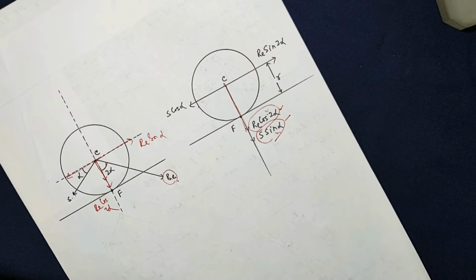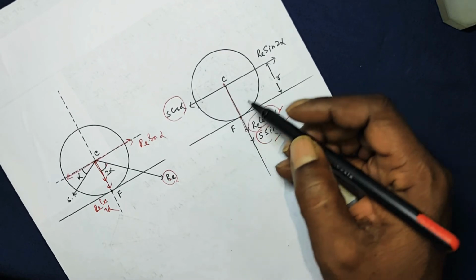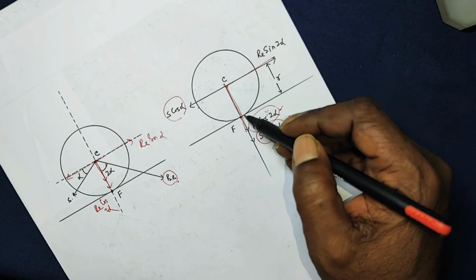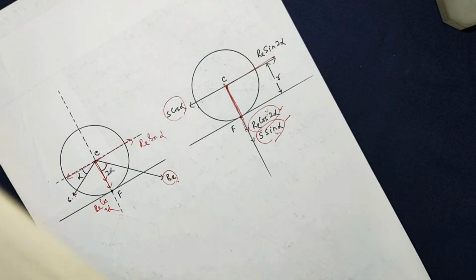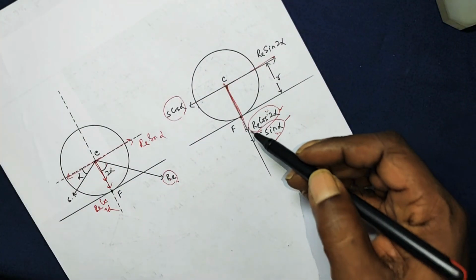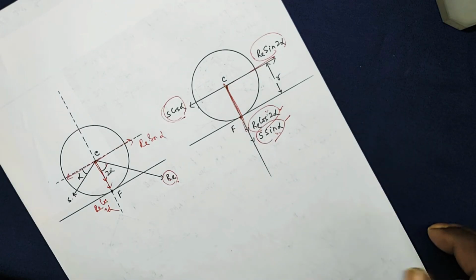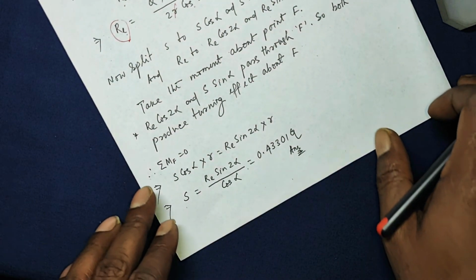But this S cos alpha from the point F has a perpendicular distance, and this RE sin 2 alpha from this point also has the same perpendicular distance. So let us take the moment of these two forces about point F. So that is what I have said.